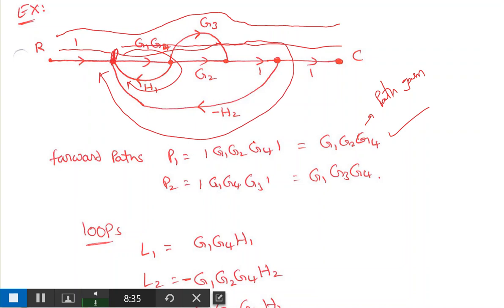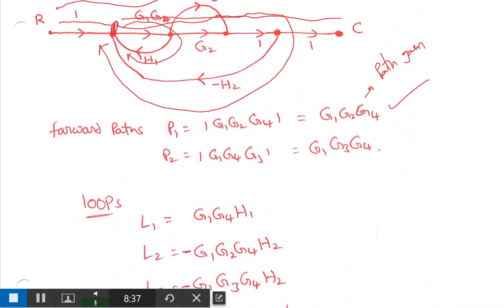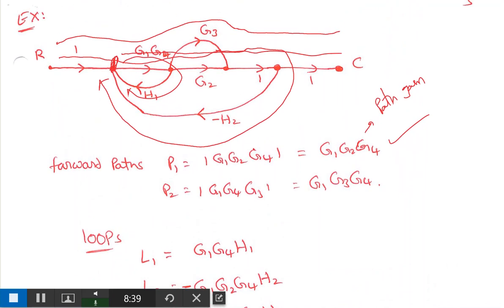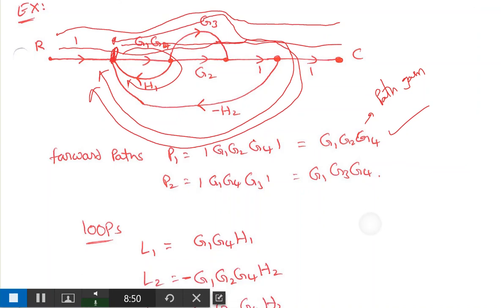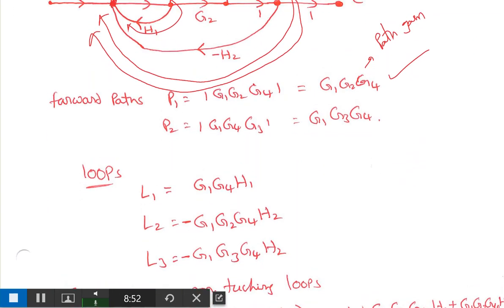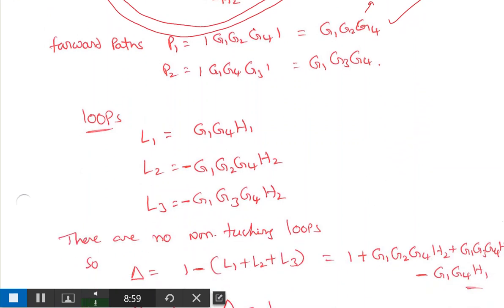Any other loops? Yes, loop 3: I can go G1 G4 G3 and minus H2. So there are 3 loops, L1, L2, L3. I think in the same video at the start I said there are 2 loops, but if you look into the problem a little deeper, we find there are 3 loops in this.